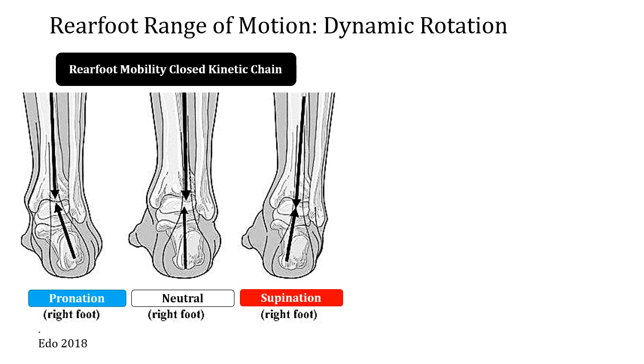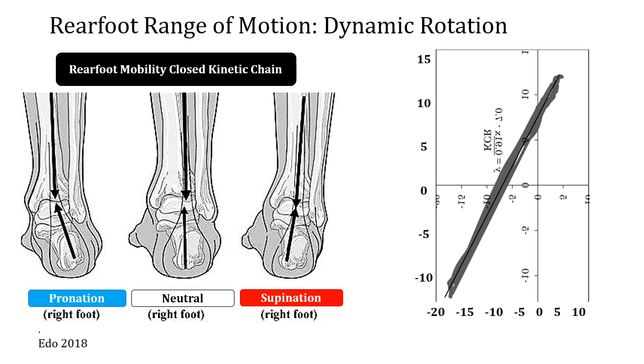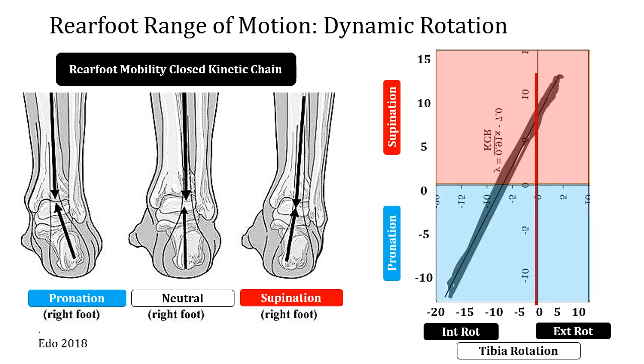So as they go into an external rotation of their tibia, they're going to go into supination, and as they go into internal rotation of their tibia, they're going to go into pronation. And you can see that shown here. On the x-axis, you have the amount of tibial rotation that is induced on the lower leg, and on the y-axis, you have the degrees of pronation and supination respectively, and how these two motions are coupled.